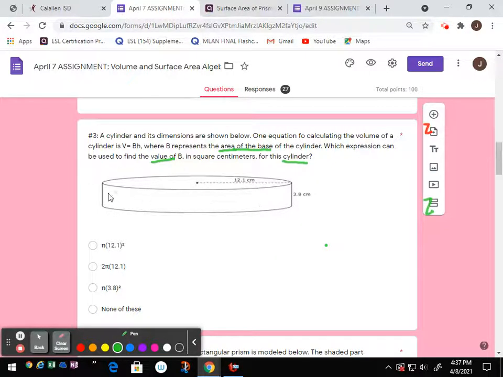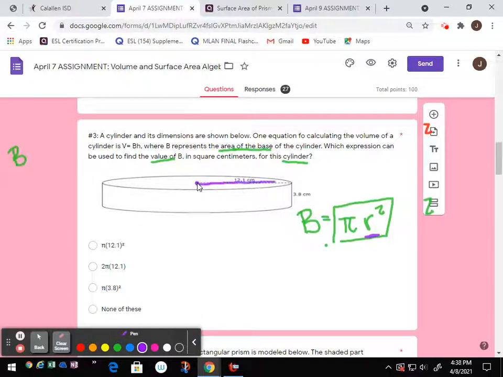As we can see, the shape of our base is going to be a circle. So big B is equal to the area formula of a circle, which is pi radius squared. When we look at this, the only thing that we need to find a number for is r, which we can see right here from the center of our circle to the edge of our circle.